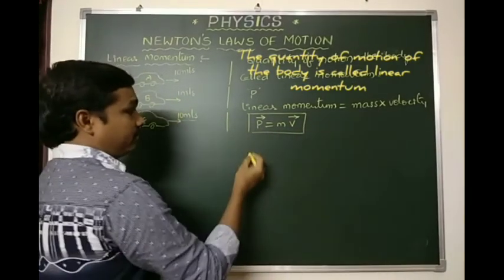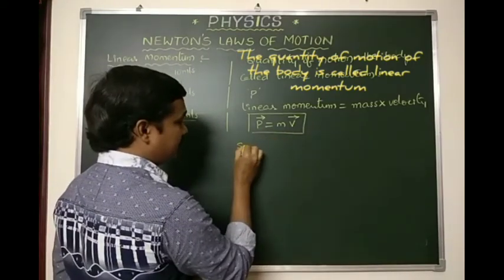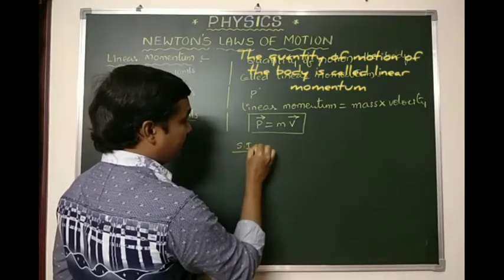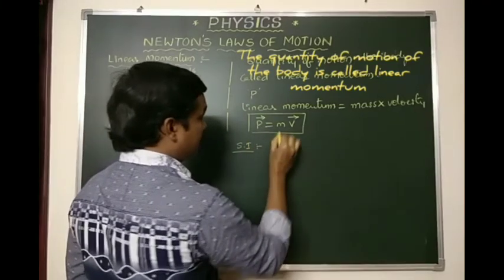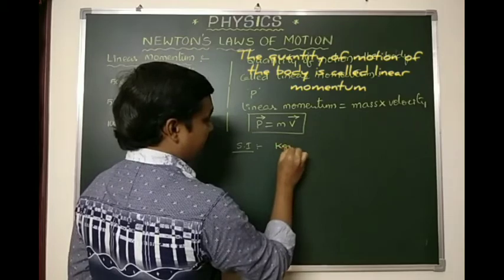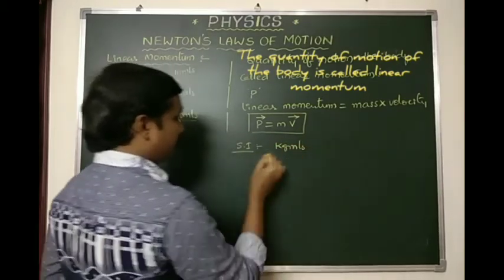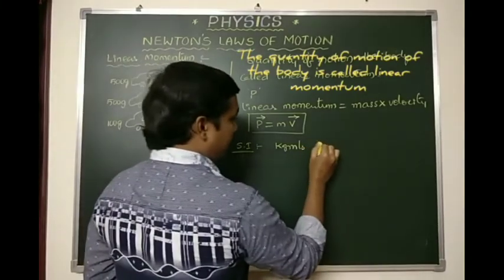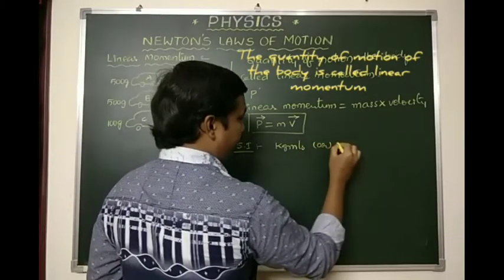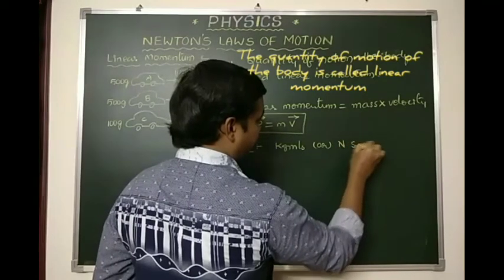On the basis of this, what is the unit of linear momentum in the SI system? In the SI system, the linear momentum unit is kilogram meter per second, kg m/s. And one more unit we also get according to the definition: Newton second.